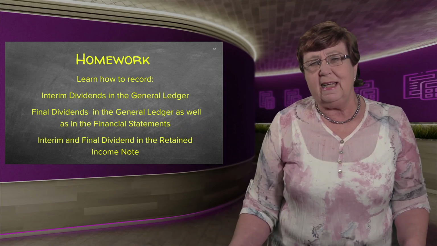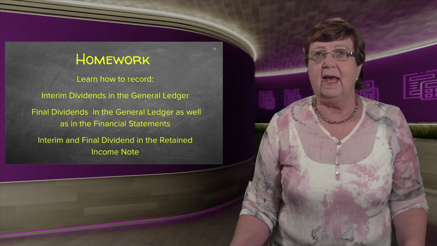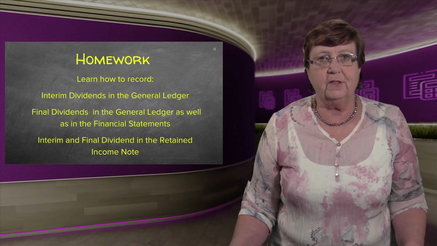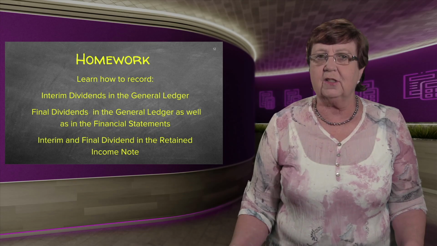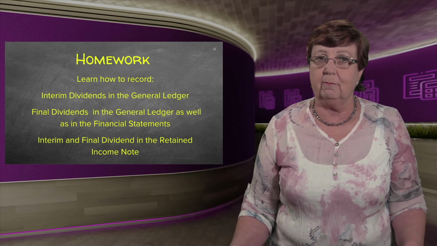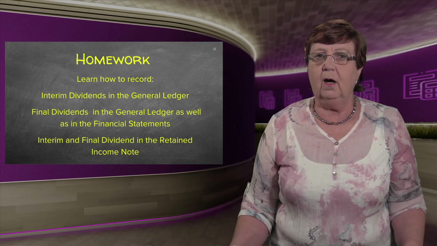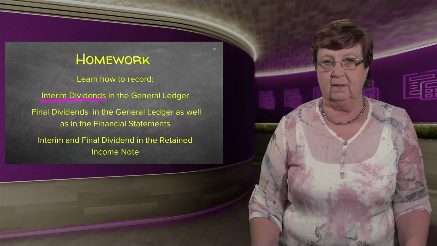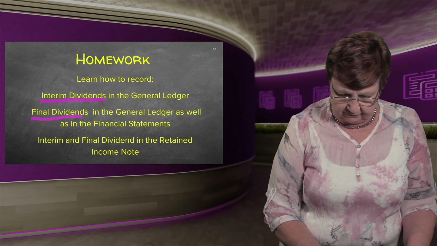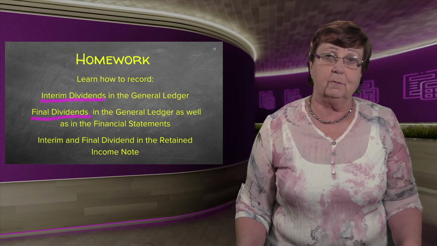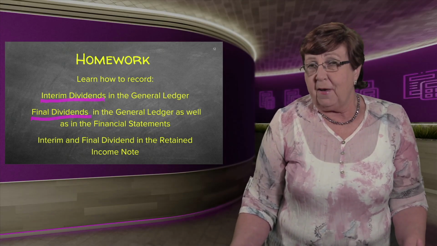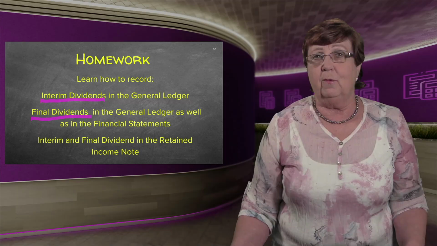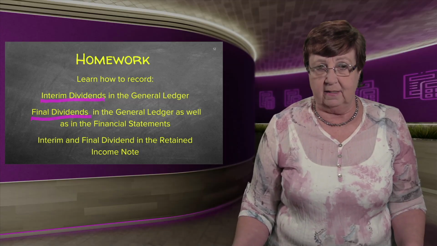Homework. Please, will you do the prescribed exercises, because you do need to practice it just to become totally au fait with it. And so for homework, I want you to learn how to deal with interim dividends and then final dividends, because we deal with them differently. The one we pay straight away, and the other one we create a current liability.